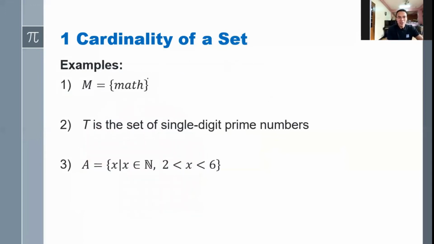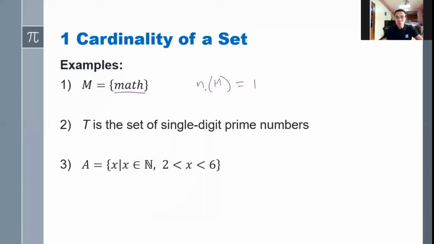Another example, number 1. Let M be equal to a set containing math. The cardinality of set M, written as n of M, is 1 because there's only one element in set M, which is math.